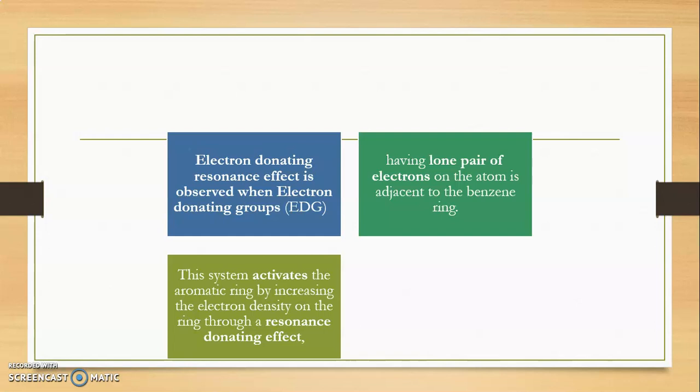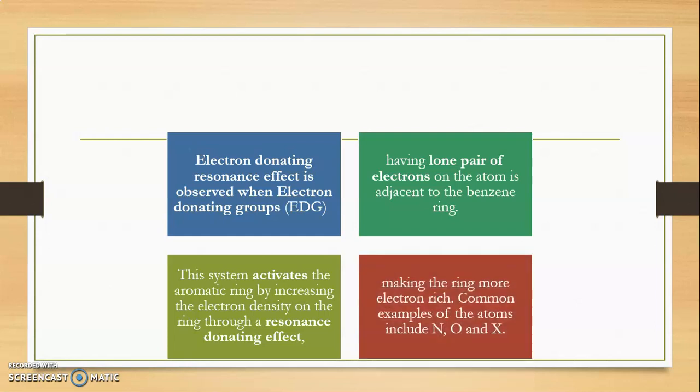Means if such a types of the functional groups are present, they activate the benzene ring by giving the electron density towards your benzene ring, making the ring more electron rich.